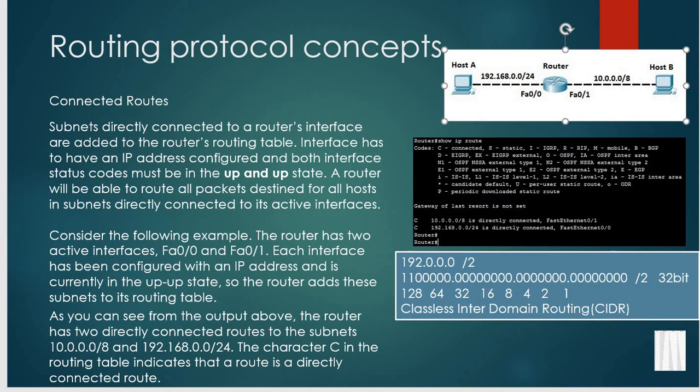So directly connected routes means the interface has to have an IP address. Interface means this interface, this physically connected port, which needs to have an IP address configured, and both interface status codes must be in the up and up state.